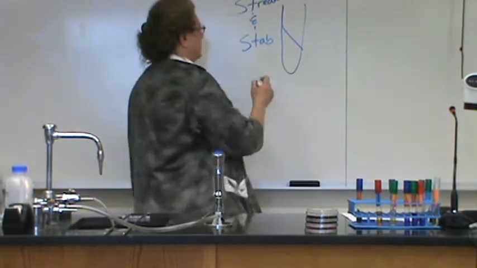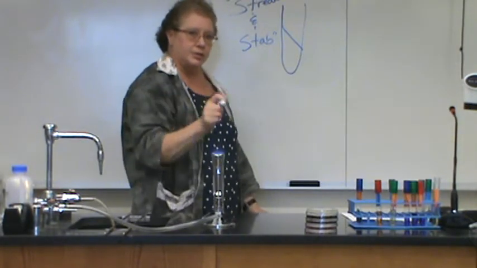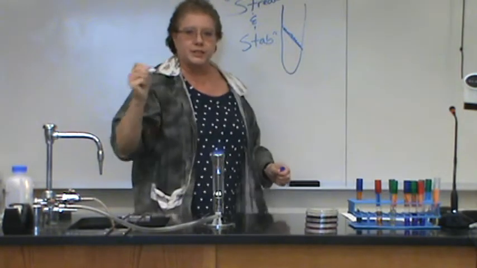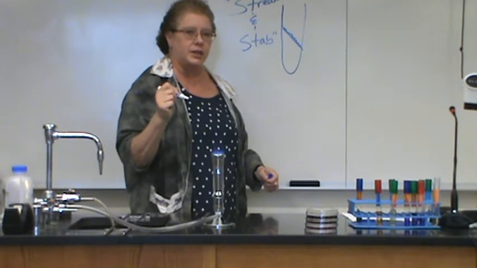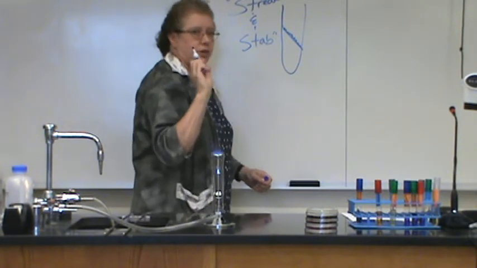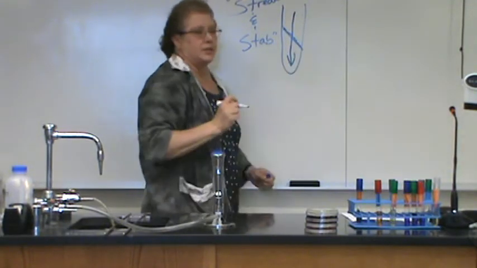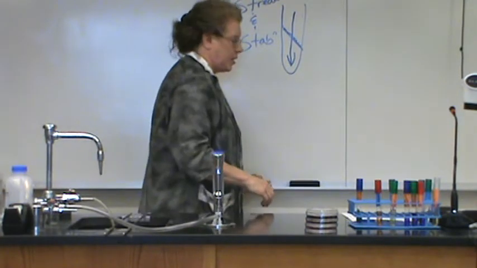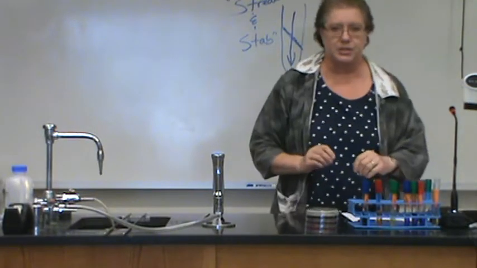Streak and stab. So first you're using your inoculating loop, getting your unknown on it, and going along the surface and inoculating it along the surface. That's the streak part of this technique. And then you go ahead and get your inoculating needle, some bacteria, your unknown on it, and then use that to stab down in. And that is the stab portion of this technique. Streak and stab. Okay, so you have successfully inoculated your Simmons citrate agar.